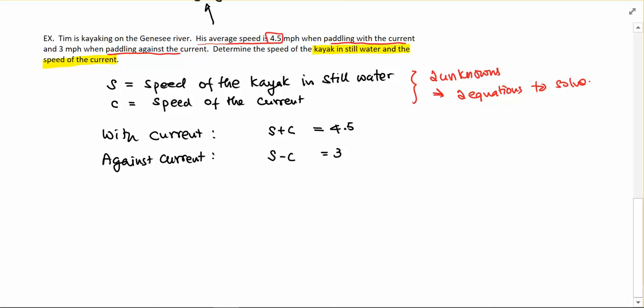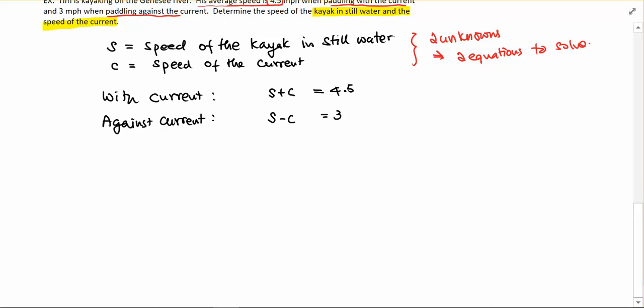Now you solve that system. It's pretty easy to solve. You can use either the substitution method or the addition method. I'm going to use the addition method because I see that the C's will cancel out if I add these. So S plus C and S minus C, if I add them, I get 2S. The C's cancel. I get 7.5.